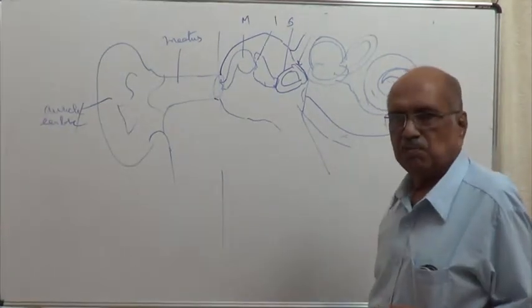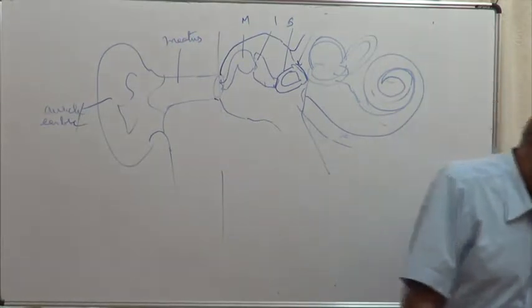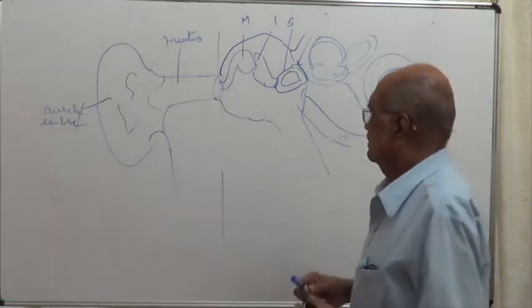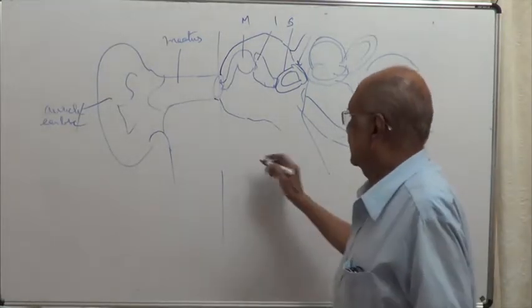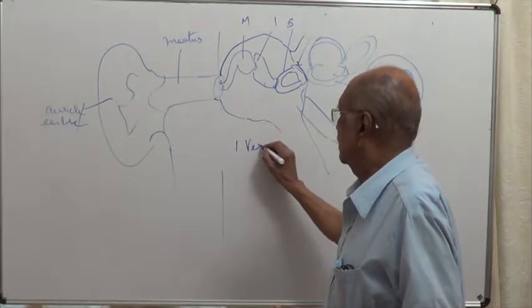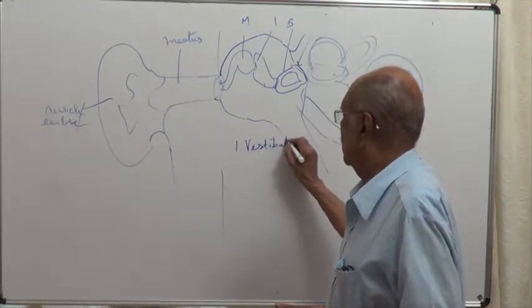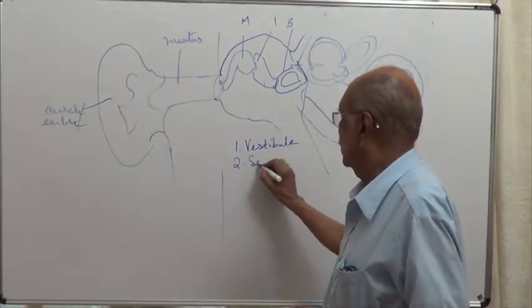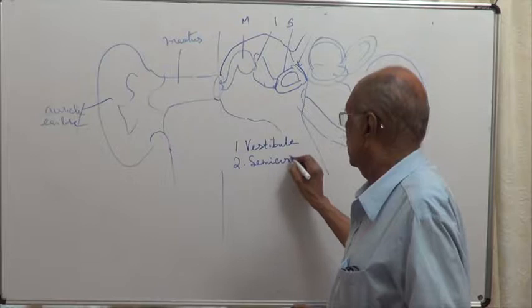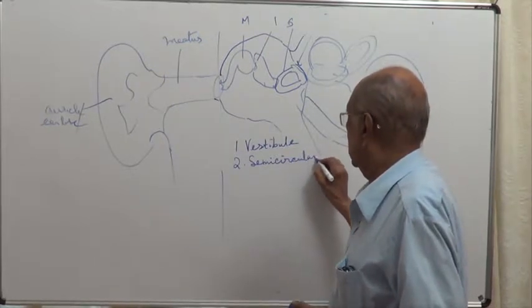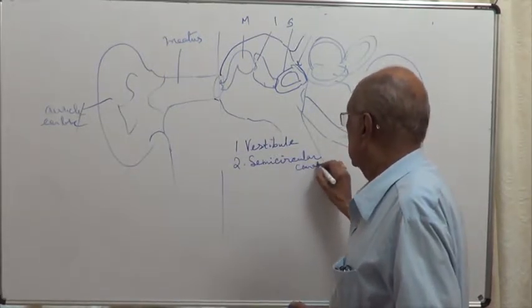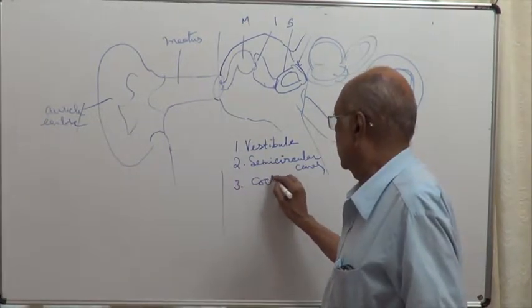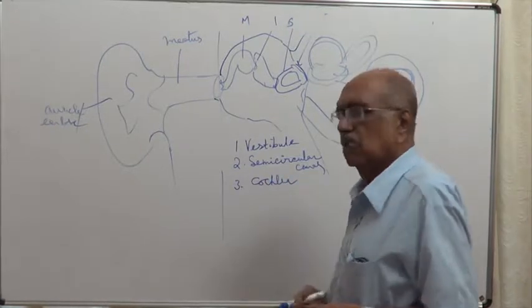Once again, we are burdened by the number 3. Three components once again. One is called vestibule, two semicircular canals, three cochlea.